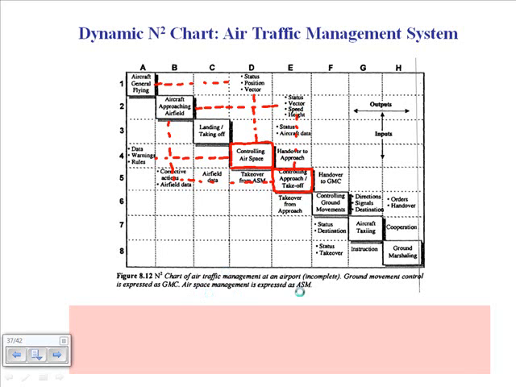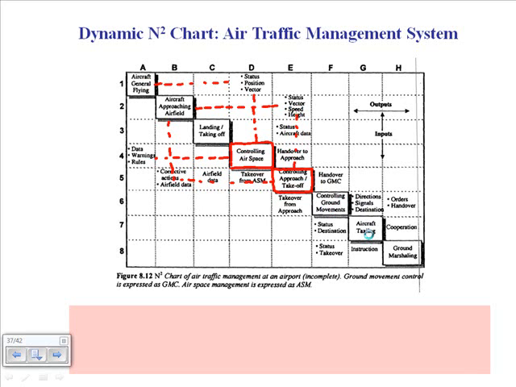ASM is the airspace management system. Okay? And so on and so forth. So the aircraft finally gets onto the ground. Controlling ground movement of the aircraft is another system. And when the aircraft is taxiing, there's another system that controls that.